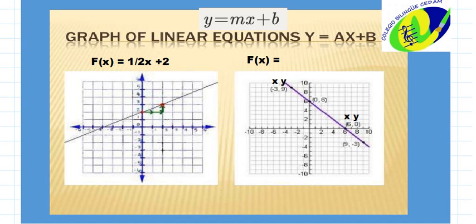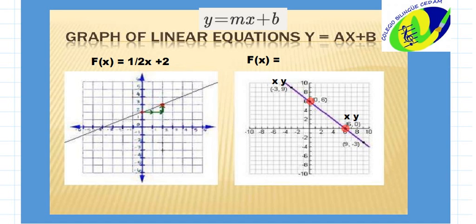Let us see the other one. For the other one, we locate 2 points, and we have the 2 points here, this one and this one. We can infer that the slope is negative because the line goes downwards.